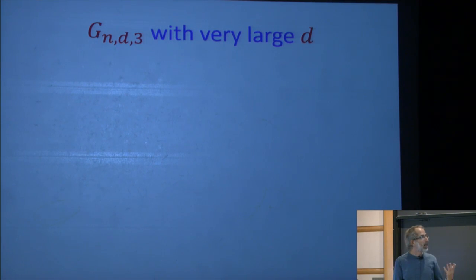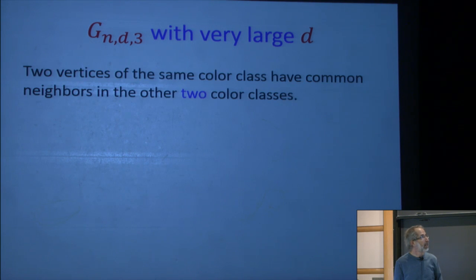Okay, so to get some intuition, this is a well-studied model, and I just want to present some intuition about it. Let's suppose that d is very large, say nearly linear. Then two vertices of the same color class would have common neighbors in the other two color classes.